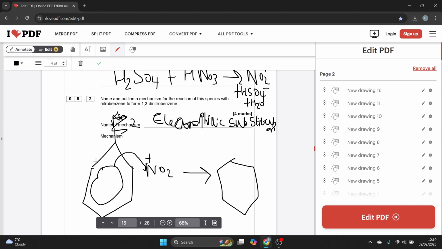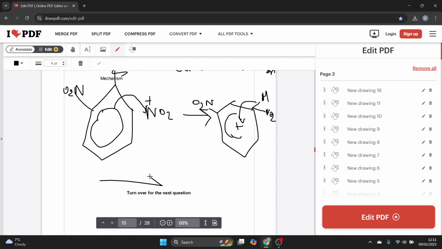I put my O2N in here, and then what I have is a partial horseshoe ring, positively charged, hydrogen here, obviously, NO2 here, and then from here to here. And then what you'd form is O2N, and NO2 here. 1, 2, 3, 1,3-dinitrobenzene.